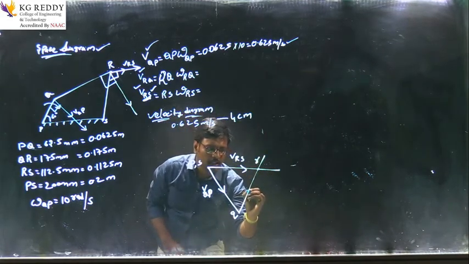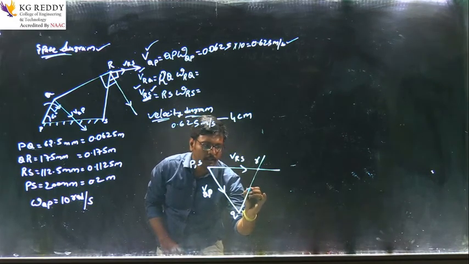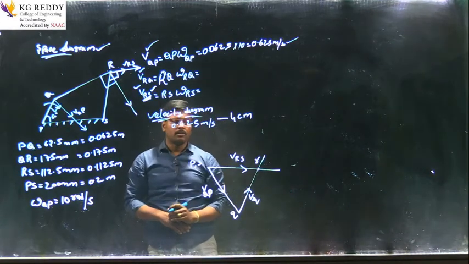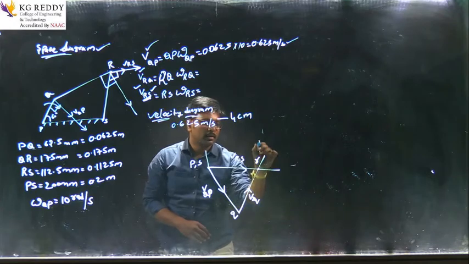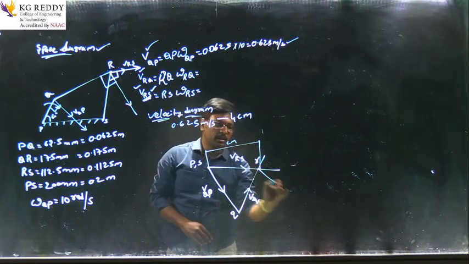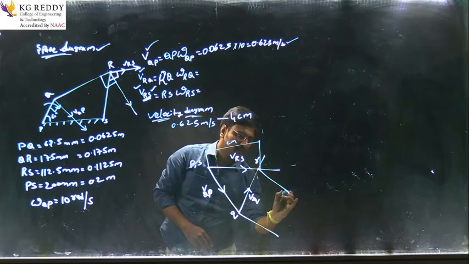And the direction it comes is like this, the velocity of R with respect to Q, okay? So that is the value, and we can find it in centimeters, and here also in centimeters.